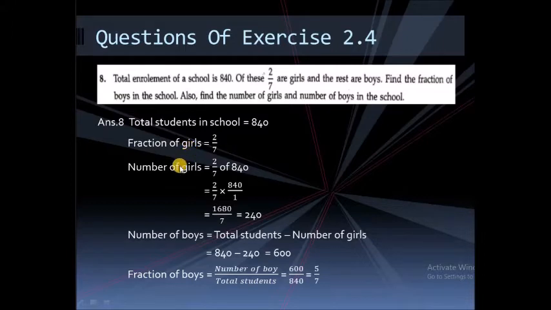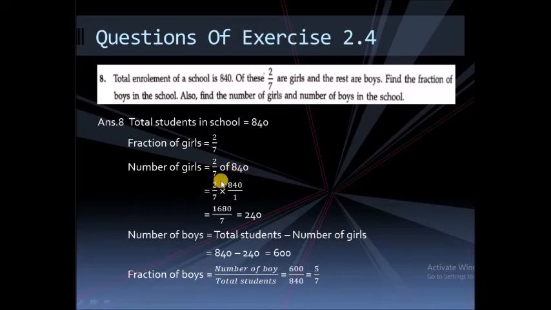So if I want to find the number of girls, how many girls are there exactly? I can find it by 2/7 of 840. Why 840? Because 840 is the total number of students. So if I find 2/7 part of 840, I will get my number of girls.